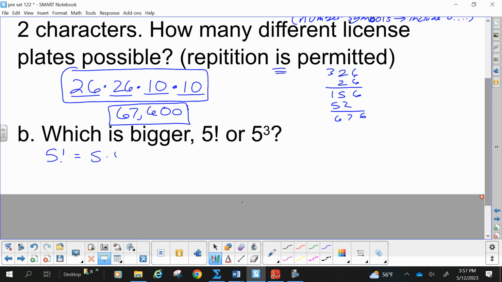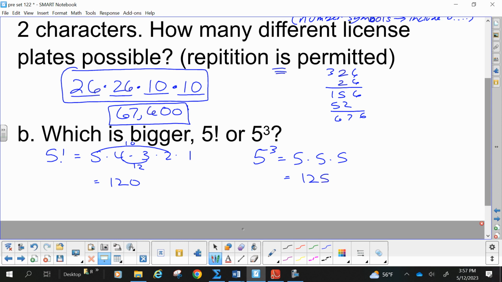Okay, so let's go, see how you did. 5 factorial is, there are a lot of ways to group this. I like 5s and 2s together. And so that's 120, yeah? 5 cubed does not mean 15. Please don't make me throw up. That means 5 times 5 times 5, which is 125. So we conclude that 5 cubed is bigger.